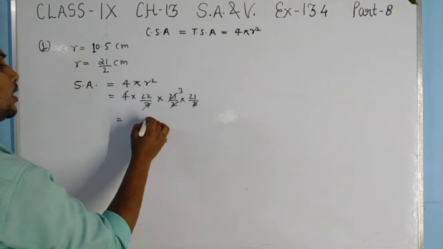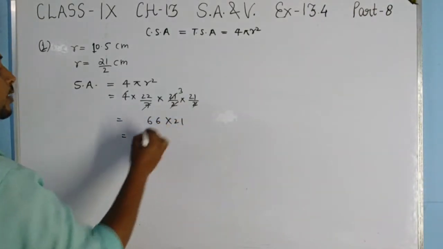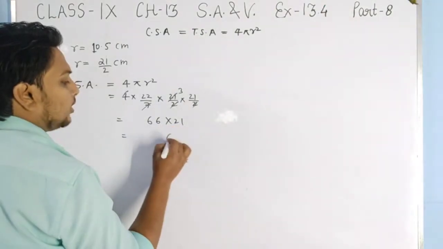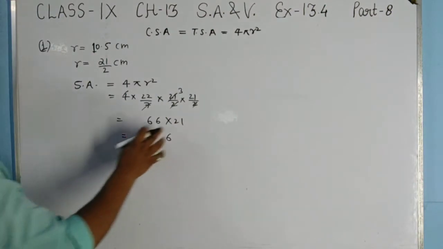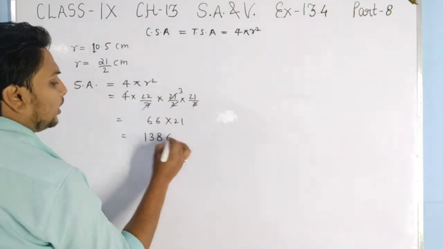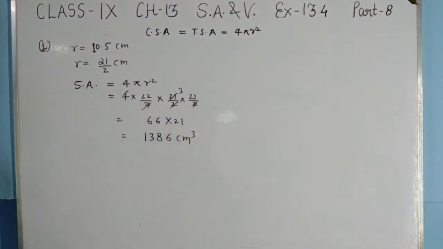So it will be 66 into 21. Now what will be 21 into 6? It will be 126. So 12 will be carry and 21 6s are 126 and 12, it will be 138. So 1386 centimeter cube will be the answer of this question.